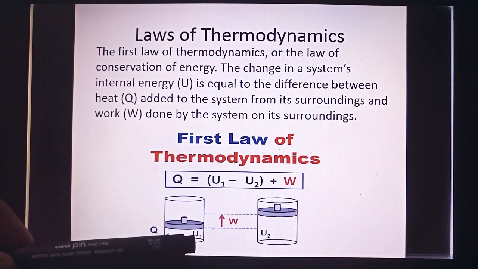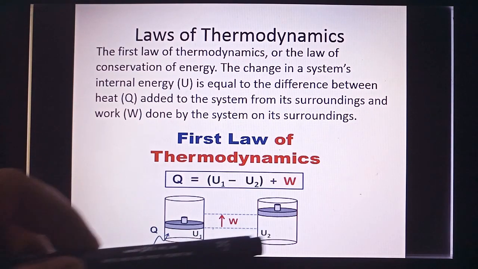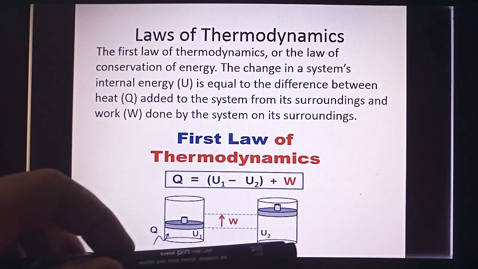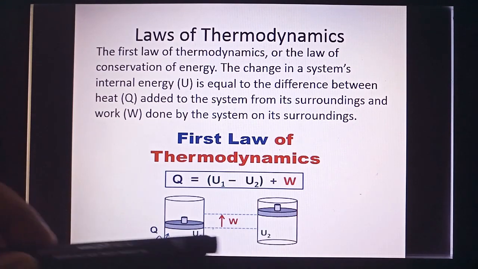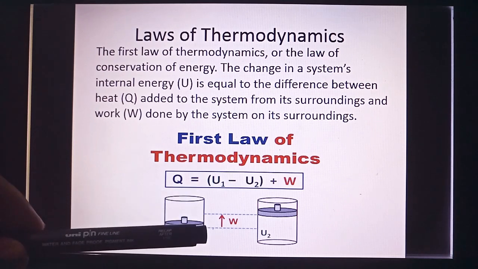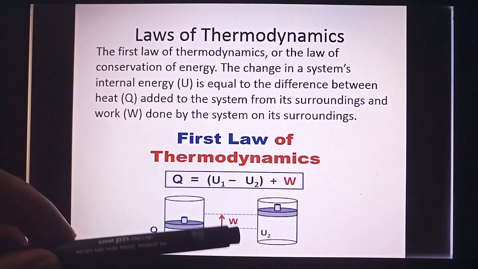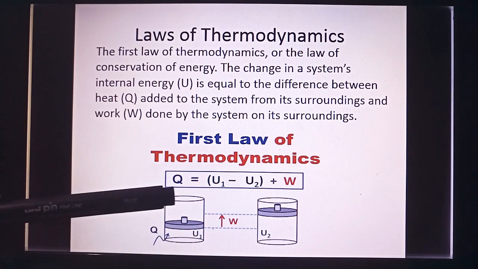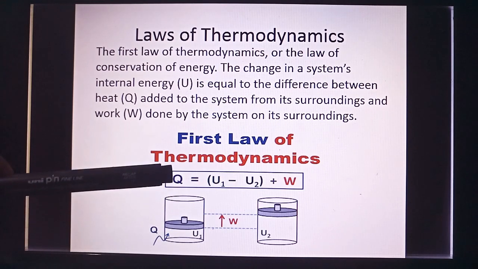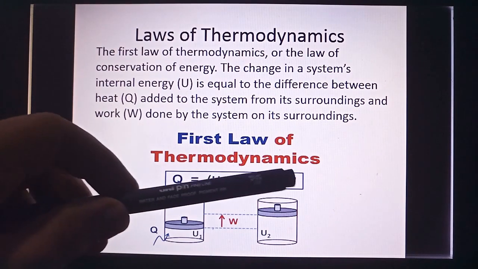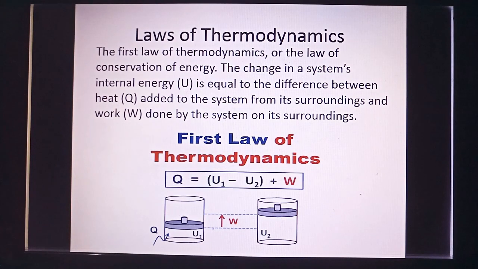So in other words, you have here the change in internal energy represented by U sub 1 and then U sub 2. The space for U sub 1 is small, and then of course the internal energy is increasing. And so when this valve rises up, you have here work done by the system, which is represented by W. So in our equation, Q, or heat, is equal to the change in internal energy plus work. That is the first law of thermodynamics, or the law of conservation of energy.